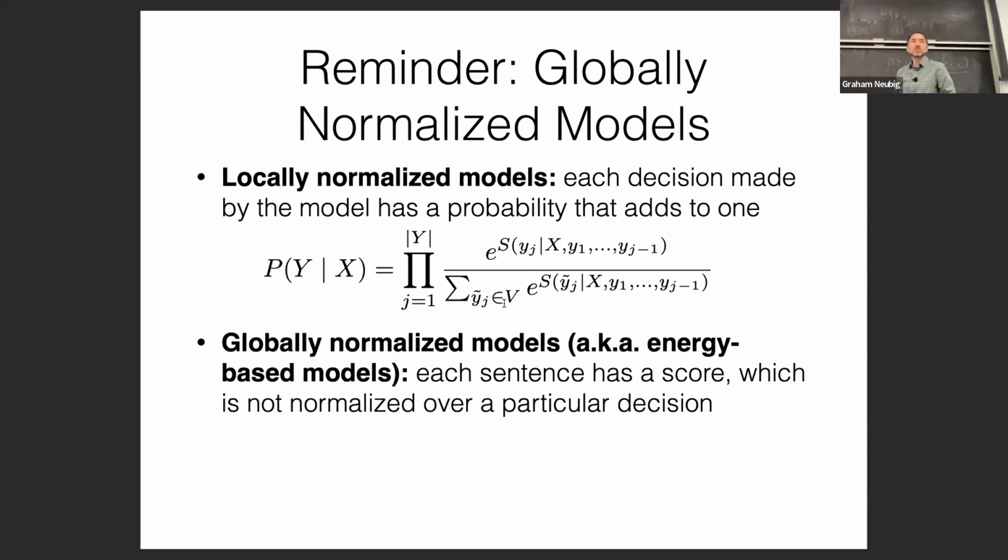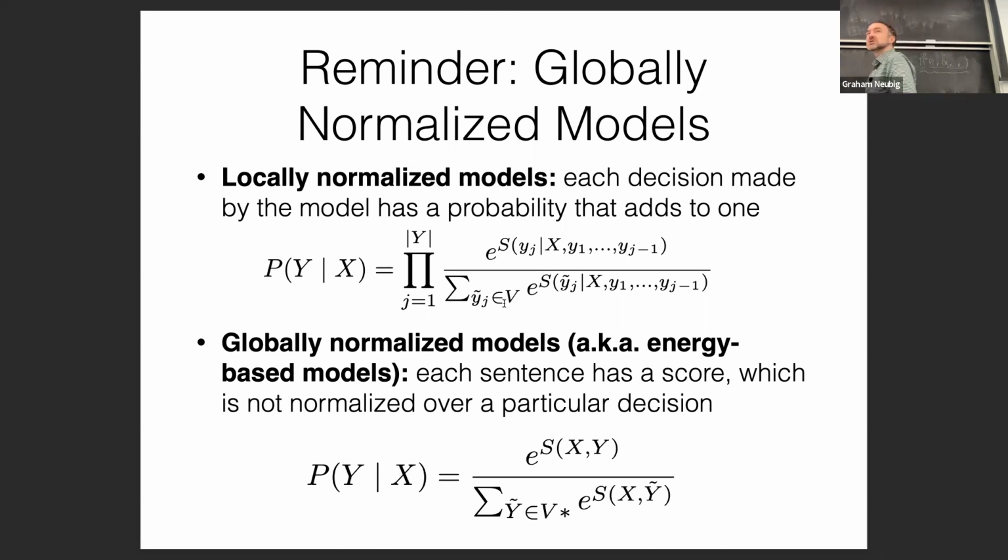There's also a concept of globally normalized models or energy-based models. And in this particular case, we give up on each local prediction being a probability. Instead, we calculate a score for each sentence itself, and then we normalize over the whole output sequence. One good thing to think about is the relationship between these. One important thing to know is that a locally normalized model can easily be expressed as a globally normalized model.